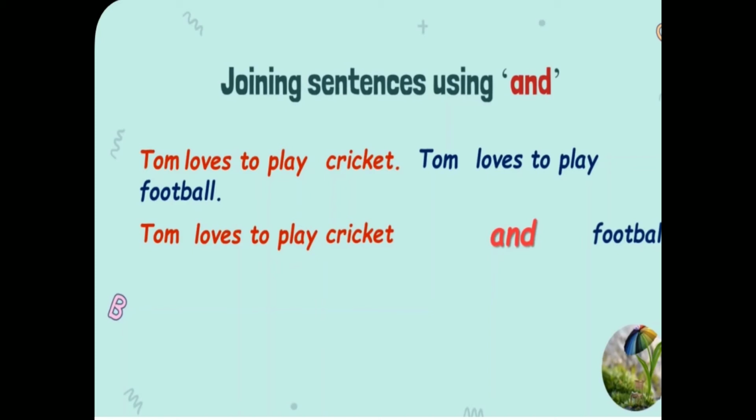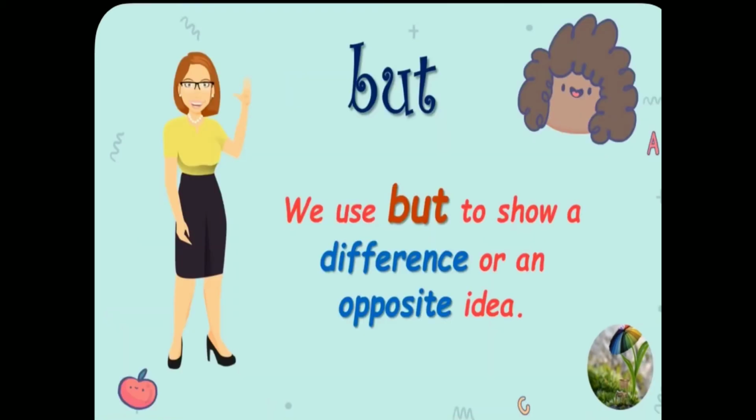When we join these sentences, we have to remember that the words "Tom loves to play" are repeated twice. So when we join them into one sentence, we remove the repeated "Tom loves to play" and instead add and. Tom loves to play cricket and football.